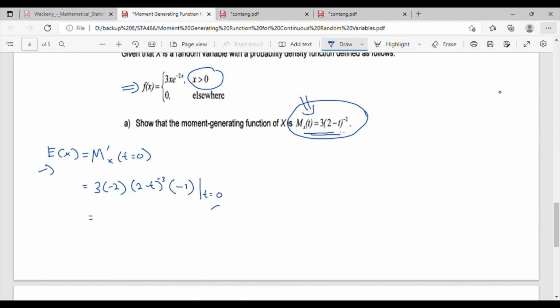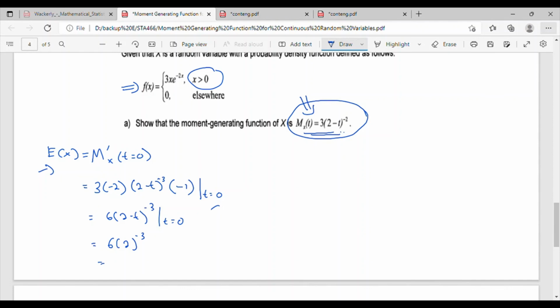So you get 6 times (2 minus t) to the power of negative 3. Replacing t with 0, you get 6 multiplied by 2 to the power of negative 3.